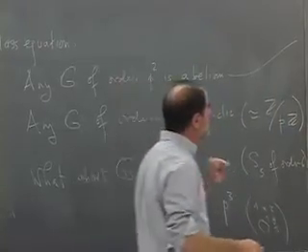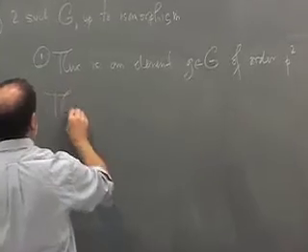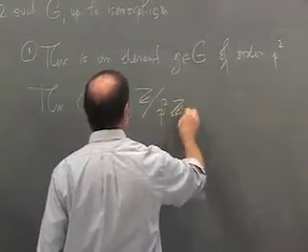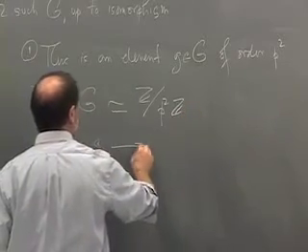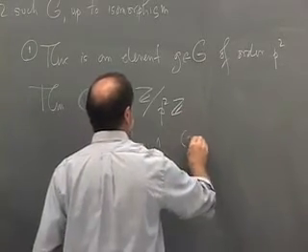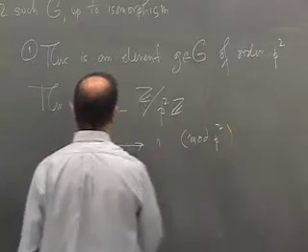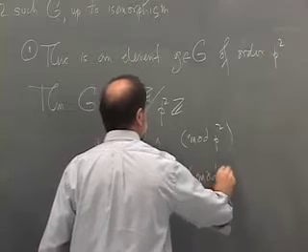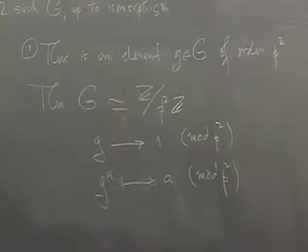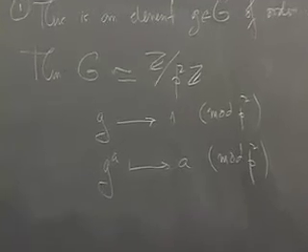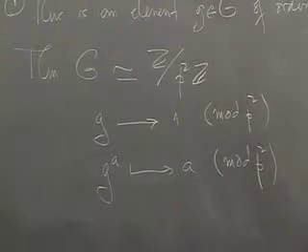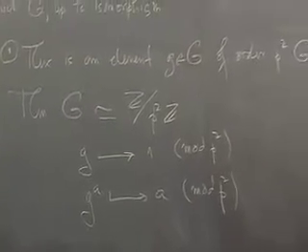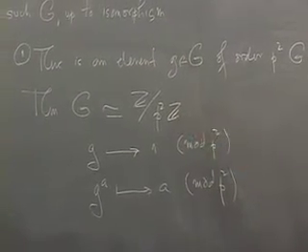If there's an element of order p squared, then G is isomorphic to Z mod p squared Z by the isomorphism that takes g to 1 mod p squared, and that takes g to the a to a mod p squared. That's a one-to-one onto map, which is an isomorphism of groups. So if you have an element of order p squared, it's a cyclic group and is isomorphic to this cyclic group.